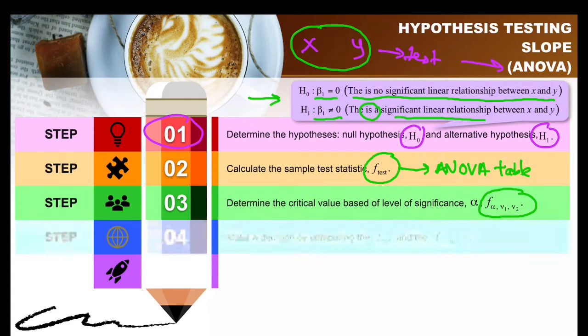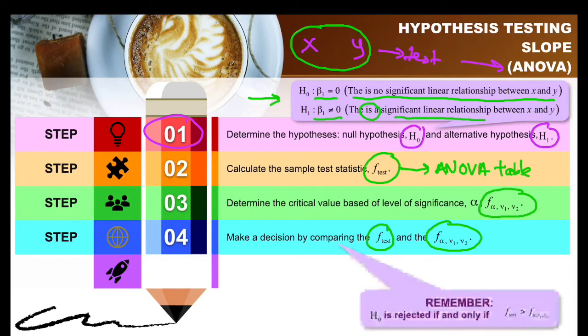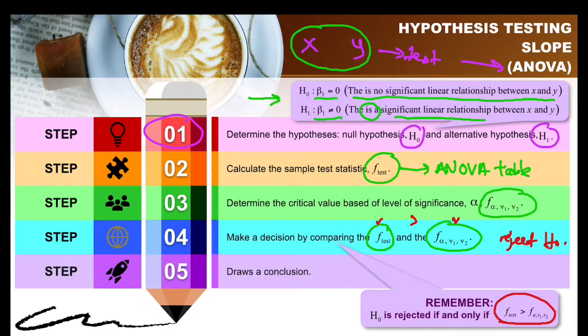Step number 4, we make a decision by comparing F test with the F critical value. H null is rejected if F test is greater than F critical value. Step number 5 is your conclusion.